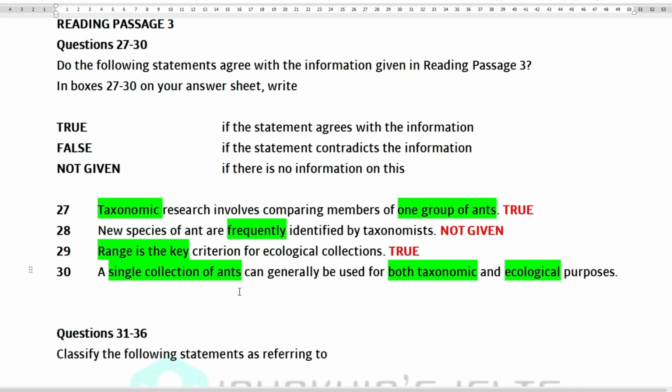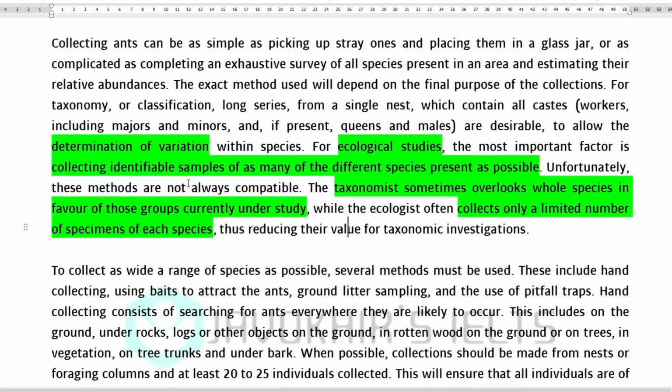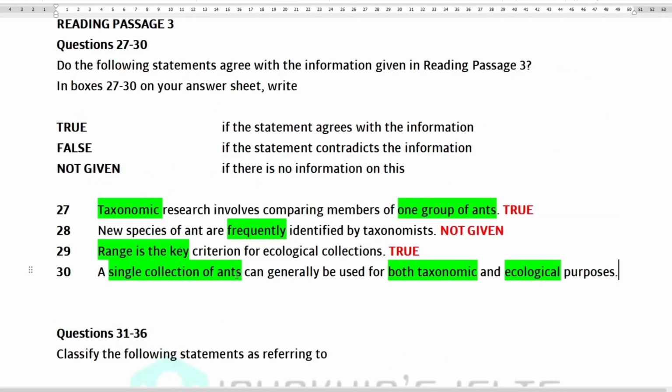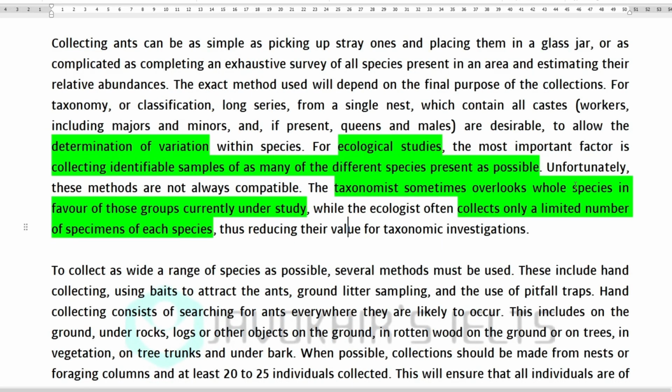A single collection of ants can generally be used for both taxonomic and ecological purposes. So true, false, not given is only coming from paragraph 1, I guess. They're saying a single collection of ants can generally be used for both purposes, and saying, unfortunately, these methods are not always compatible. So that is false.